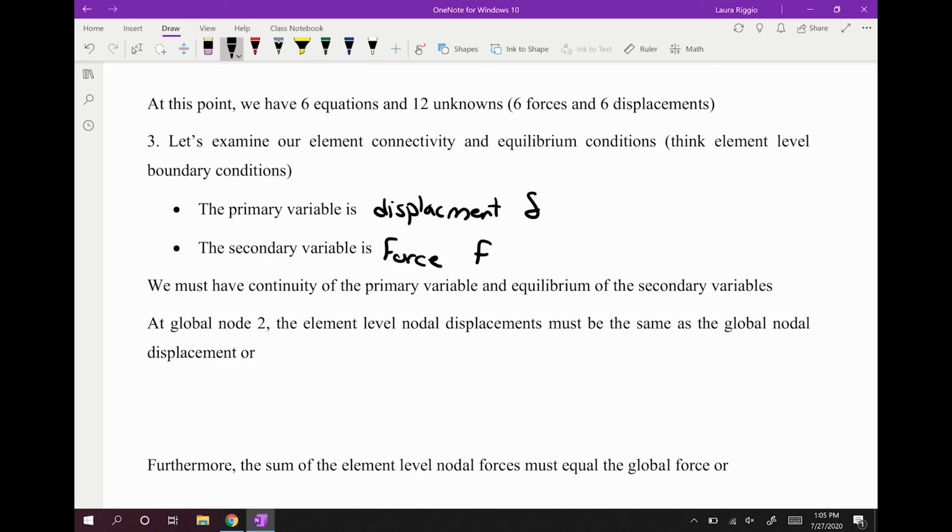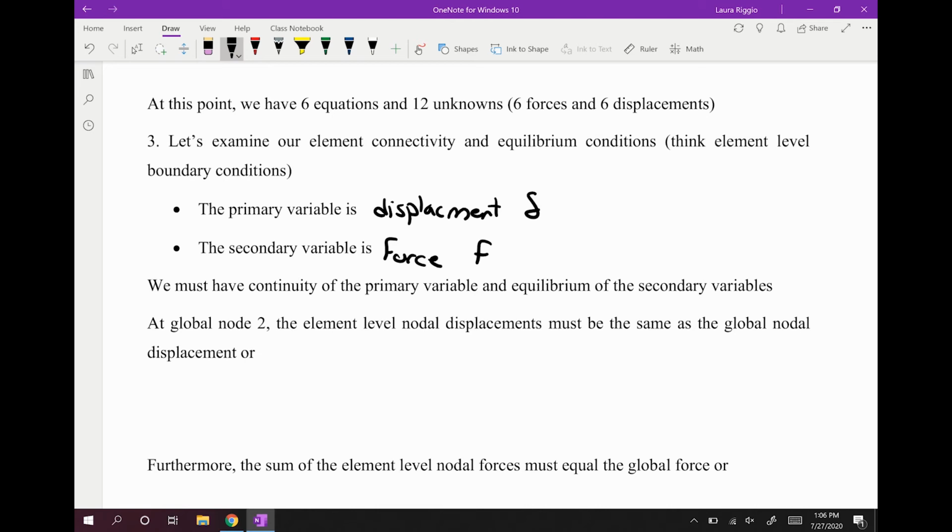So what we have to do is have continuity of the primary variable. For example, you can't have two displacements. If 2 springs meet at a single point, you can't have different displacements because they're at the same place. We also have to have a balance of our secondary variables, or our forces.